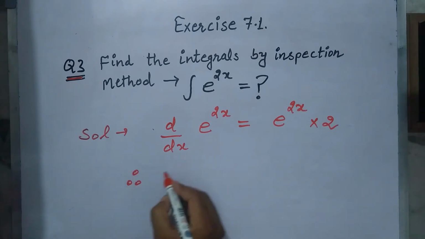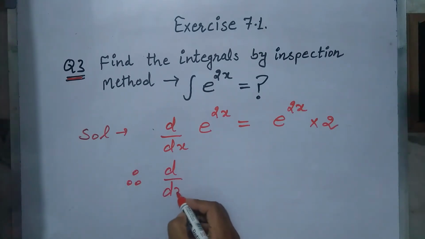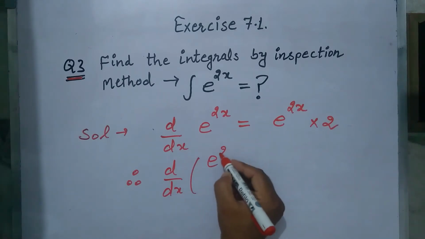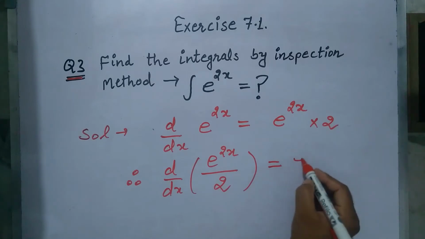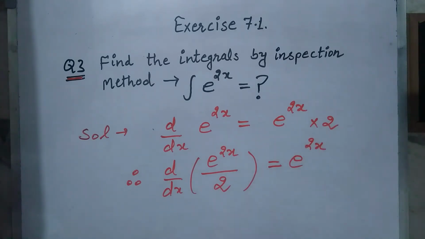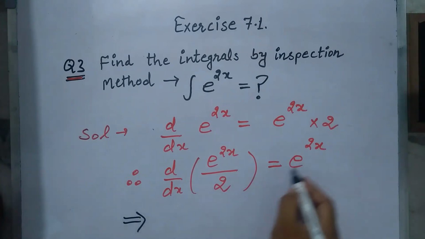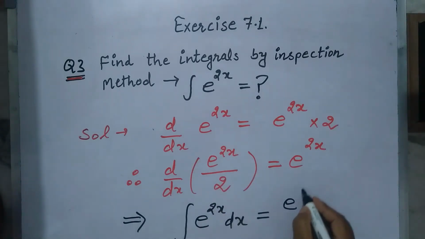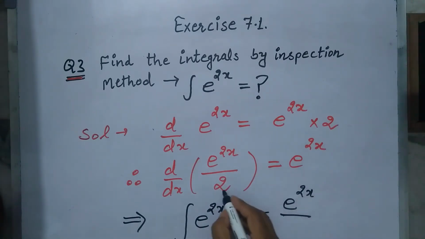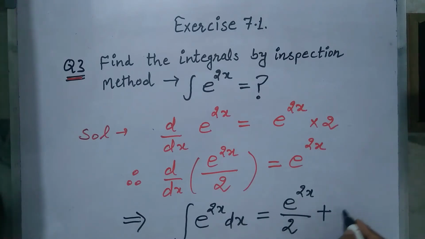Therefore, derivative of e raised to power 2x upon 2 is equal to e raised to power 2x. Therefore, what we can say now, right hand side is e raised to power 2x. Its integration will be this e raised to power 2x upon 2 plus c, the constant of integration.